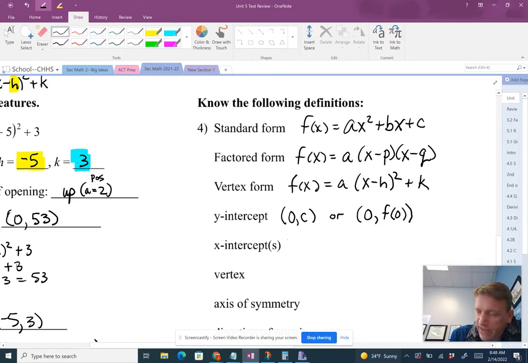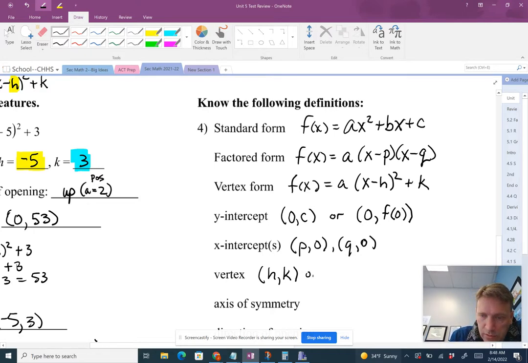For the x-intercepts, p, 0 or q, 0, and those are easiest to find if it's in factored form. It's pretty hard to find the x-intercepts in either standard form or vertex form. So the vertex, we usually refer to it as h, k, which you can get most easily from the vertex form.